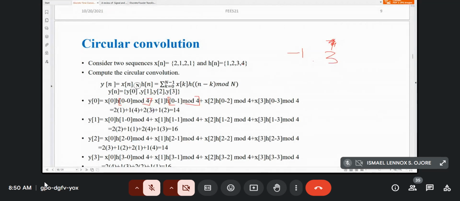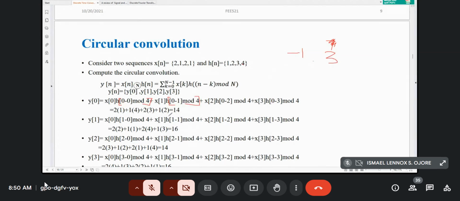Then this other one is x of 2, 0 minus 2. So minus 2 should be plus 2. So it will be h of 2, that will be times 3. And the last one is minus 3.